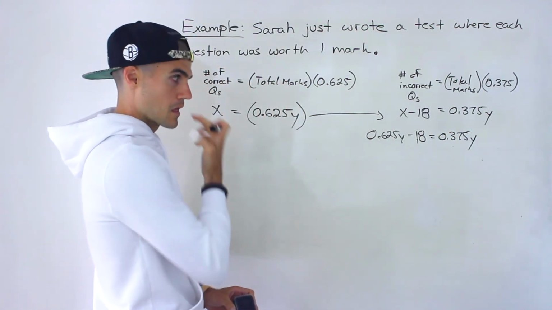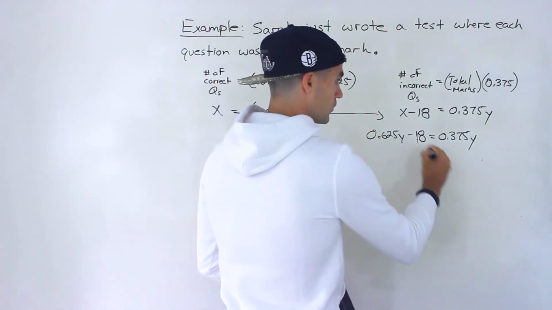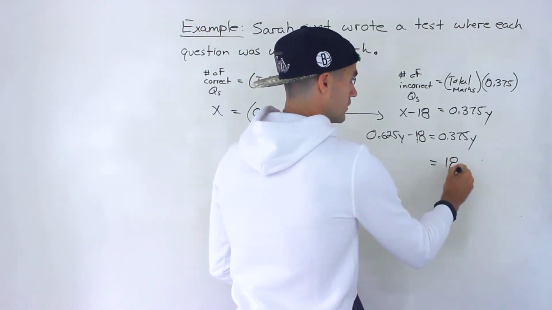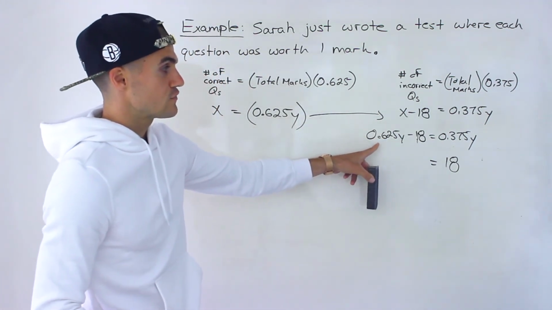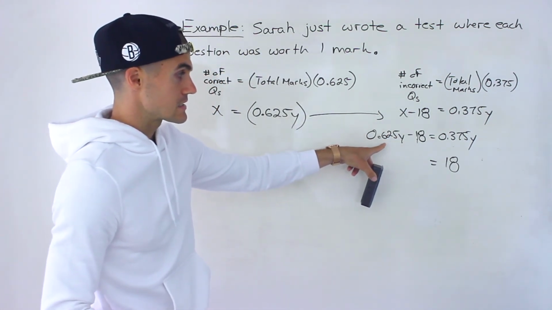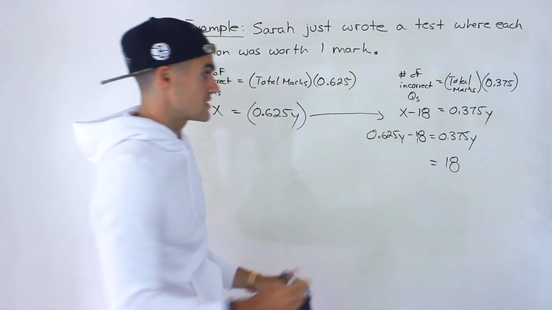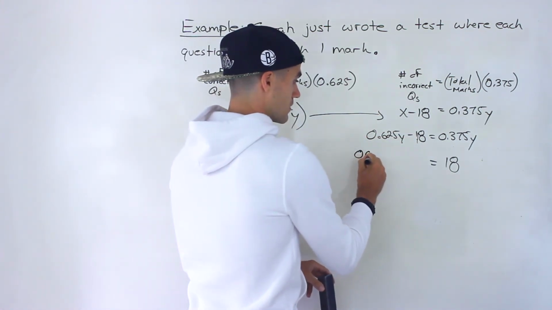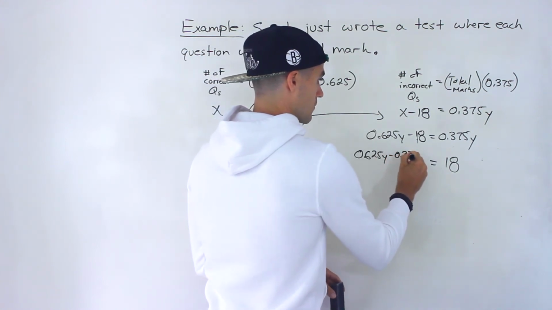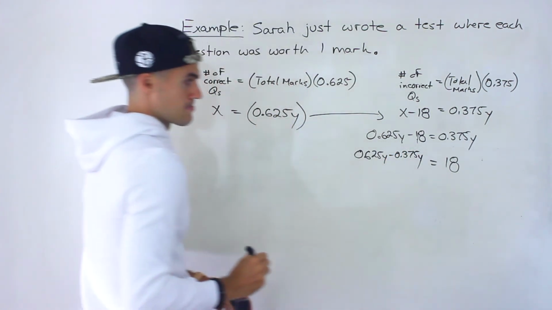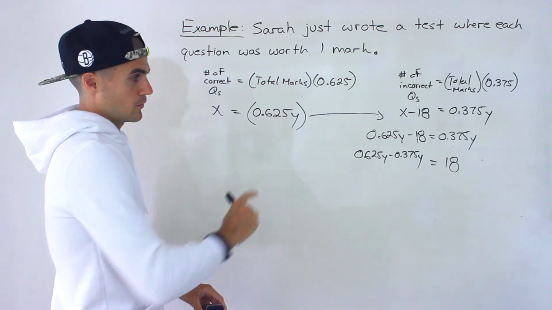And so from here, we could bring the negative 18 over, bring this over, 0.625y minus 0.375y. Let me just actually write it out here. Like that. What's that equal to?